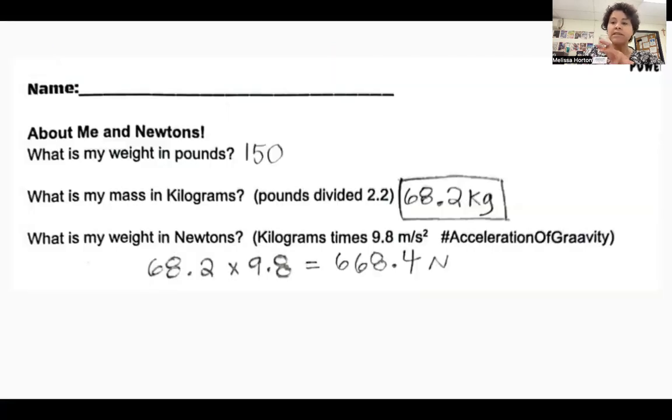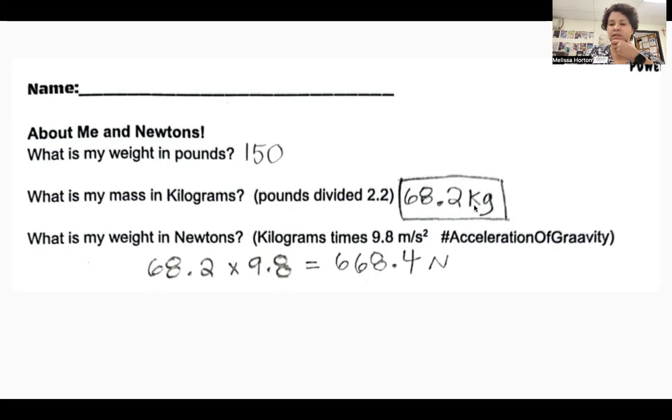Okay. So the assignment that we did, the lab, kind of looked like this. So we started, you talked about your weight, and you converted that to kilograms. I made up some numbers to use for this assignment. And then there was also a question here where it said weight in newtons.